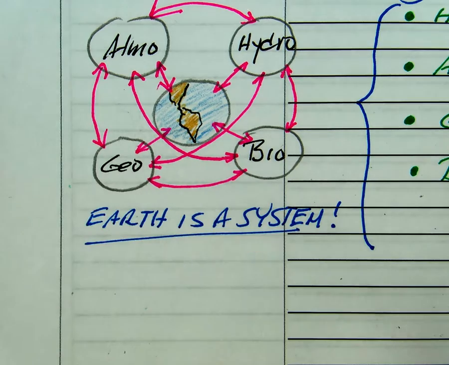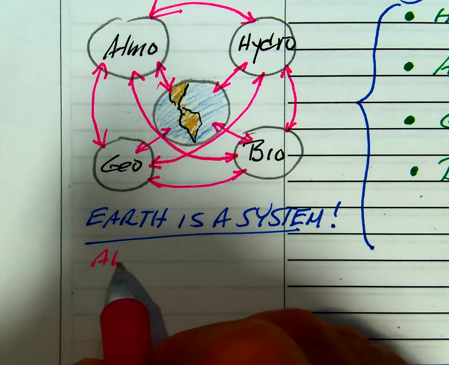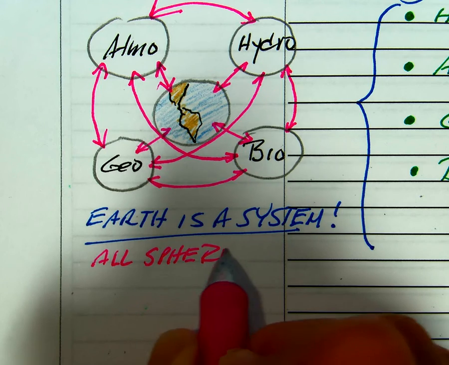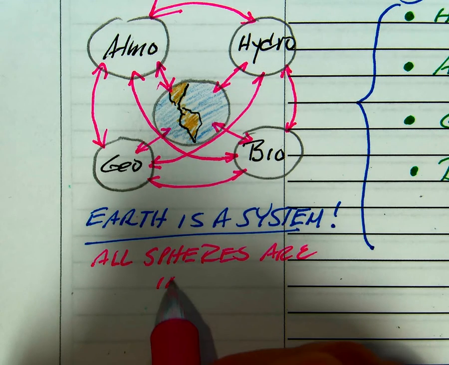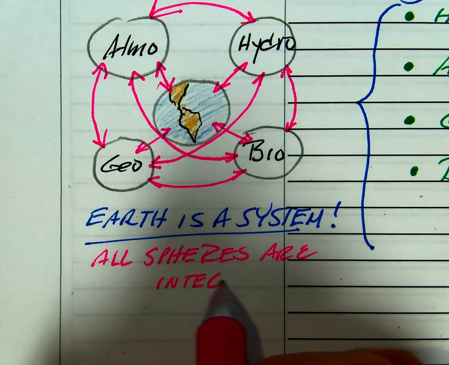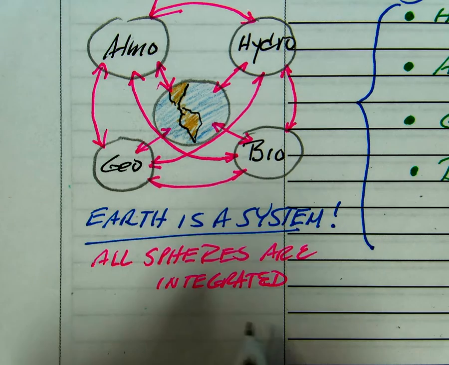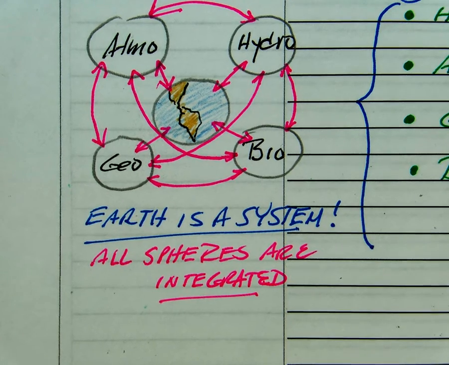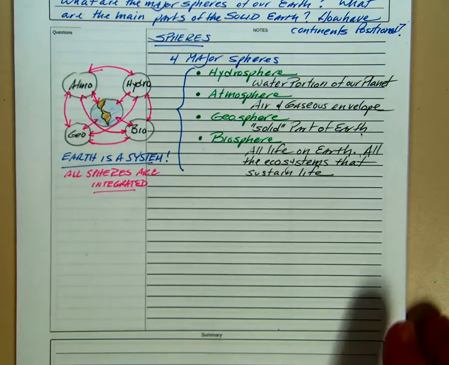You need to understand that. All spheres are integrated. Okay? Copy the best you can, and then you can pause as you move through the material as we work through the lecture.